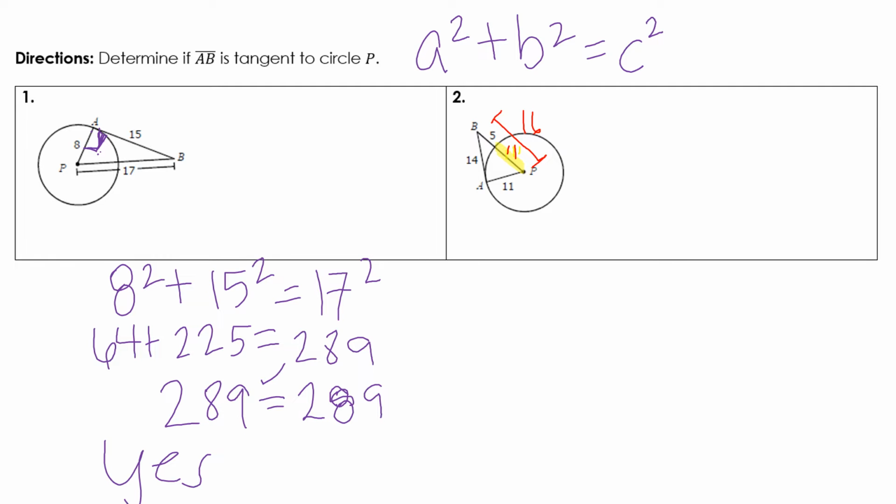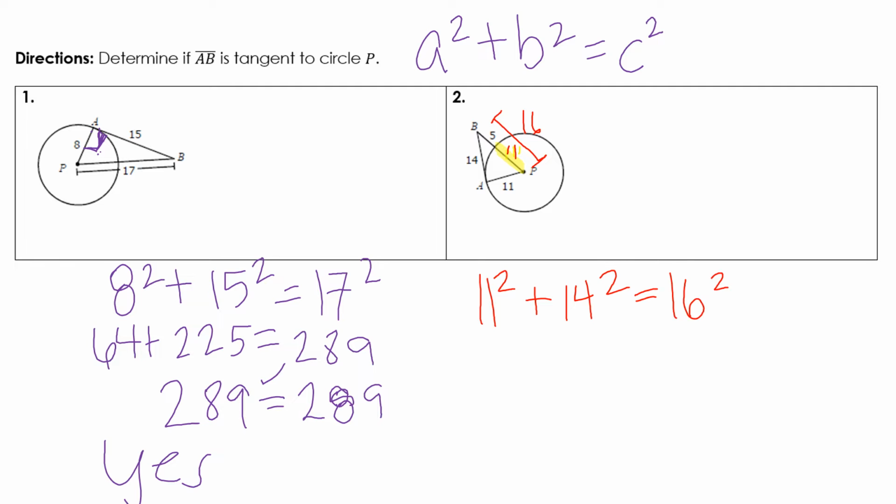So now we're going to set up leg squared plus leg squared equals our potential hypotenuse squared. Again, if this statement is true, then we know it's a right angle, which means AB is tangent. And if it's not true, then it will not be tangent because it will not have a right angle.